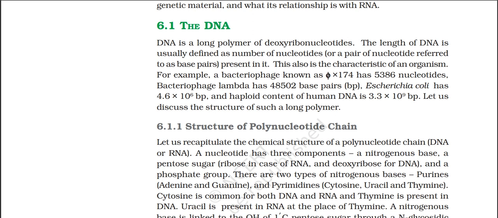For example, a bacteriophage known as phi X 174 has 5,386 nucleotides, bacteriophage lambda has 48,502 base pairs, BP, Escherichia coli has 4.6 times 10^6 BP, and the haploid content of human DNA is 3.3 times 10^9 BP. Let us discuss the structure of such a long polymer.